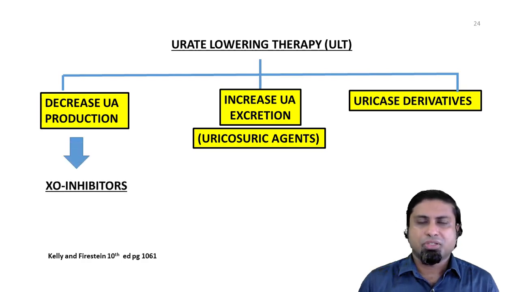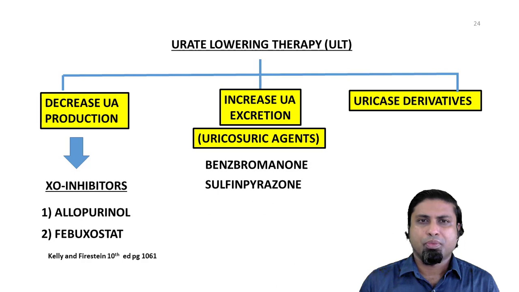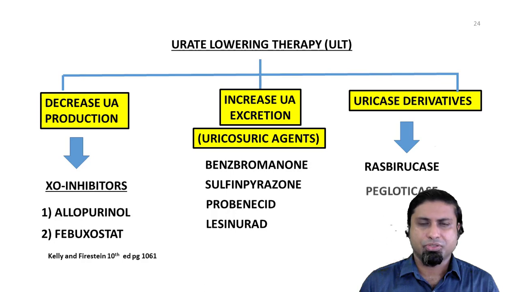So xanthine oxidase inhibitors include allopurinol and febuxostat. The uricosuric drugs include benzbromarone, sulfinpyrazone, probenecid, and lesinurad. Uricase derivatives include drugs such as rasburicase and pegloticase.